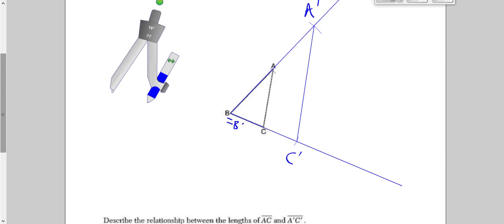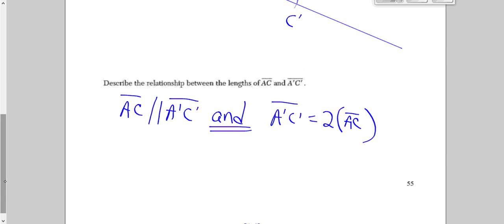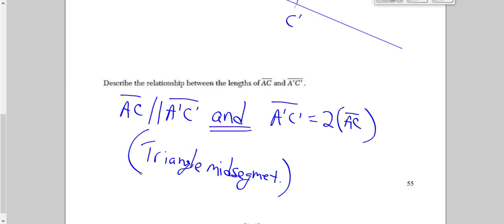What two things do we know about triangle mid-segments compared to the third side? Parallel and double. So isn't this really a triangle mid-segment? You wouldn't need to put this here in the regions, but I want you guys to make these connections. So I'll just put it parenthetically. You know what parenthetically means? Inside parentheses.